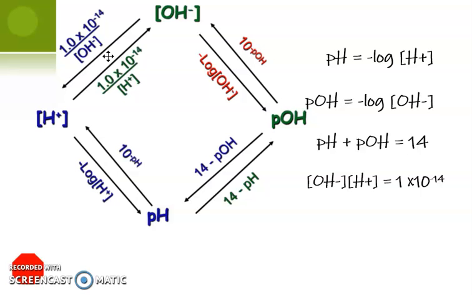Anyway, this is an excellent diagram to keep handy in your notes to help you with your assignment that you have tomorrow. That is going to be to find the pH and pOH of many types of hydrogen and hydroxide ion concentrations, and vice versa. You'd be going backwards, and also working on a table where you're going from pH to pOH, or this way, or that way, or this way.